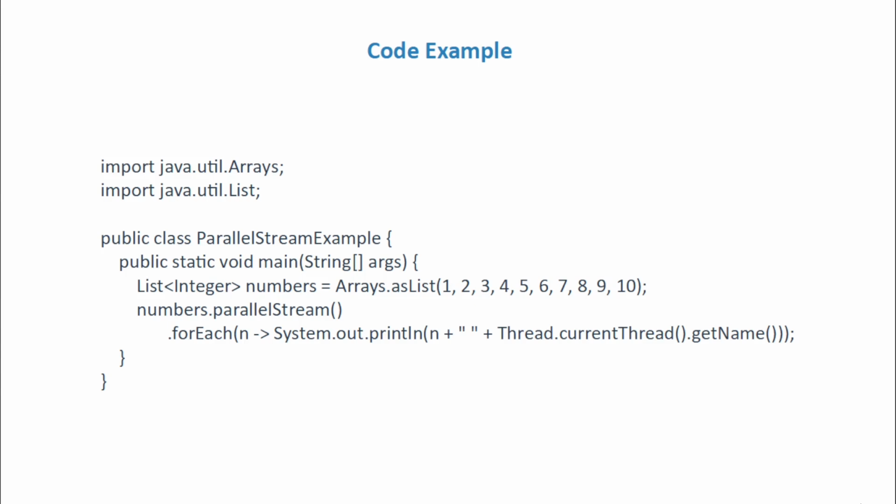Then we print each number along with the name of the thread processing it, showing parallel execution. So parallel streams are powerful, but use them only when you are working with large data and operations that can safely run in parallel. For small datasets, the overhead might make them slower. So parallel streams are all about performance optimization when used wisely.